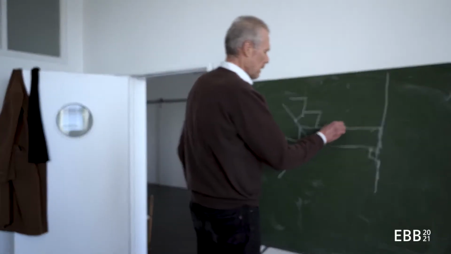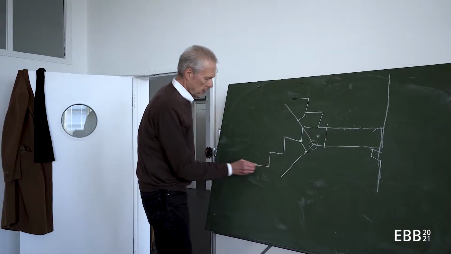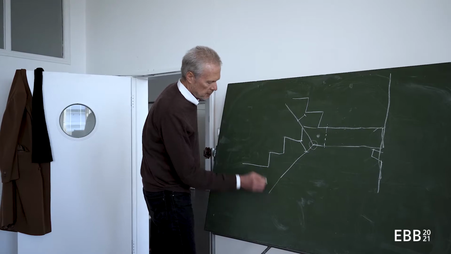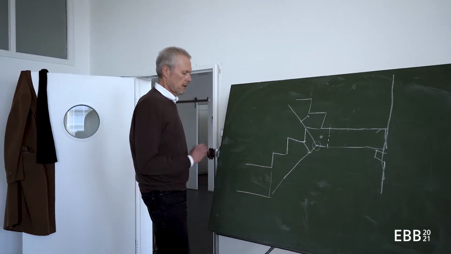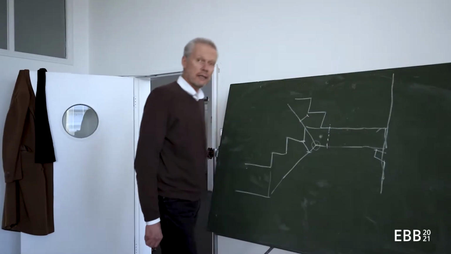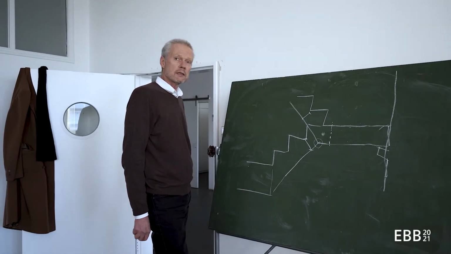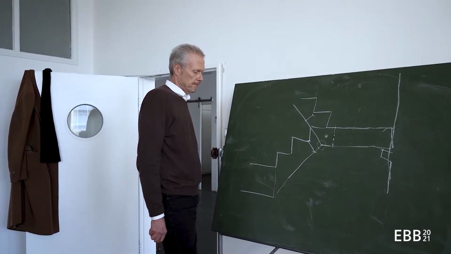And then I might have a height of the landing and the height of the floor here, where the stair arrives, might be differing from the one of the landing. So this creates another difficulty in stair conception.